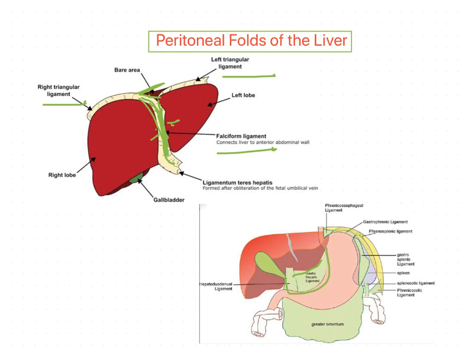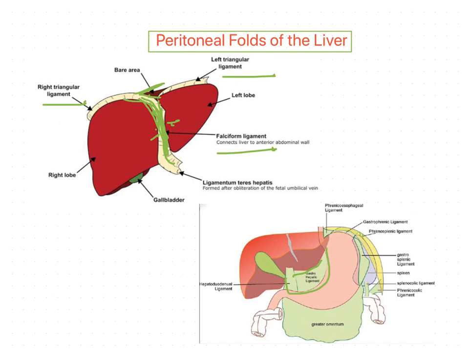Next is the right triangular ligament, but before this we have to discuss the coronary ligaments. The upper layer of the coronary ligament is the continuation of the right layer of the falciform ligament.